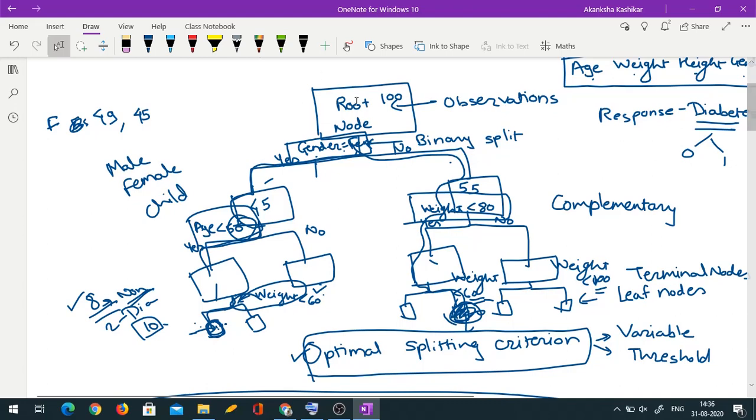You start from a root node, given a new observation, and you see how that observation travels across the tree, and wherever it lands you take either the majority or the average, depending on whether it is classification or regression, as the response. Majority of that node or average of that node as the response. Is it okay? So today I will stop here. We will start the actual theory in the next lecture. Thank you.